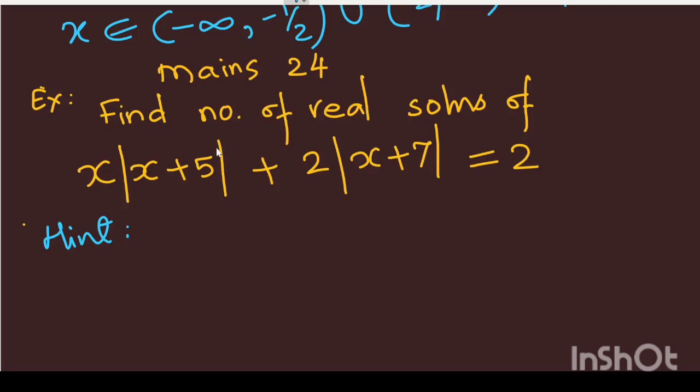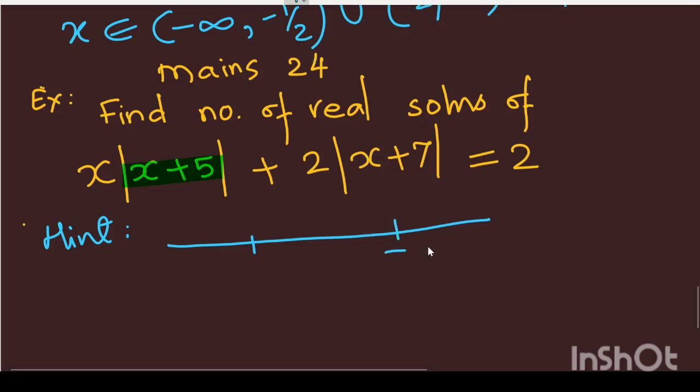Again, since there are two mods involved, we will define them. See, mod x plus 5 would be defined at minus 5. And mod x plus 7 would be defined at what?